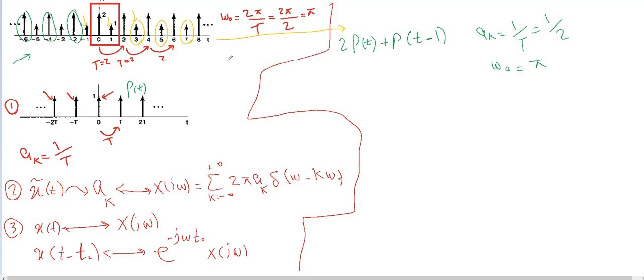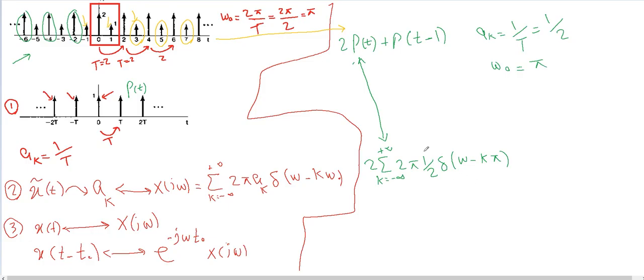Now, based on the second point, the Fourier transform of 2 P of t becomes 2 multiplied by the summation of 2π alpha delta(omega minus k omega 0).